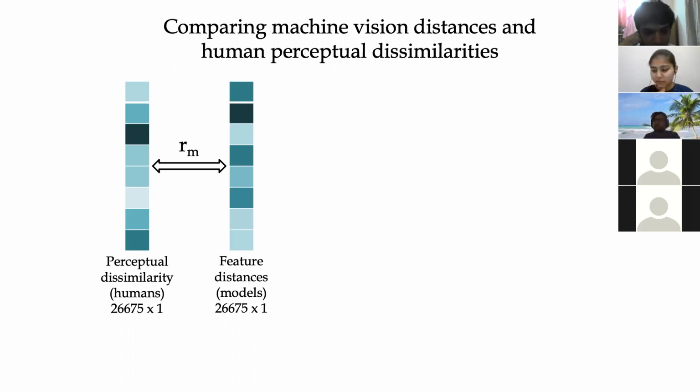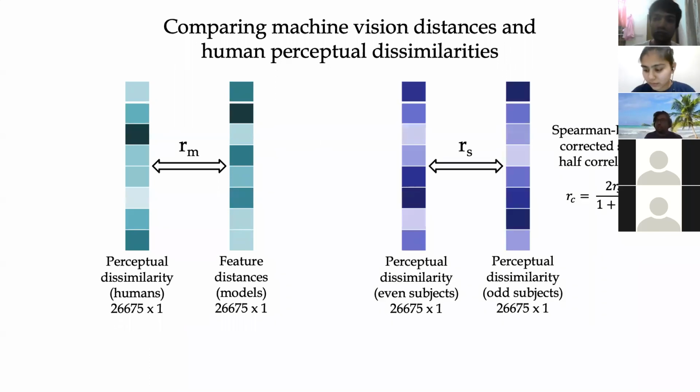So we need to correct this with the reliability of the data. For that, we compute corrected split half correlation, which is essentially the scatter plot I showed you before, but corrected so that you have this reliability measure on the entire data set rather than half the data set. We call that corrected split half correlation, RC.